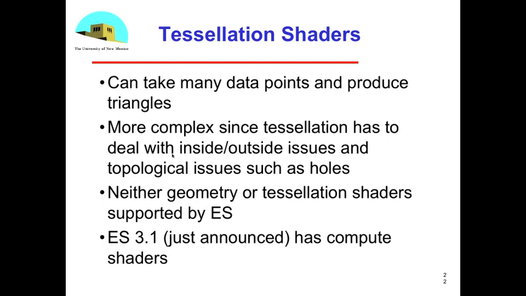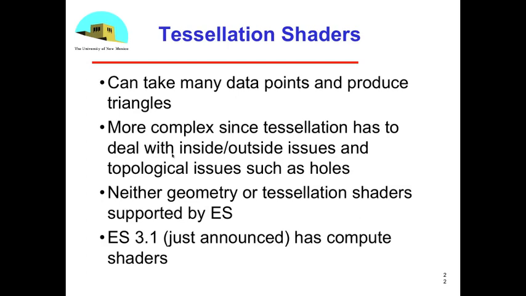Now, what's happened recently is the advent of another type of shader called a compute shader, which is not like any of the other shaders at all. It's essentially a compute engine which can use the power of the GPU. Remember, we were talking about the GPU. Well, knowing that I have this tremendous floating point capability on the GPU, I'd like to send work over to do some computations that could then possibly result in some geometry.